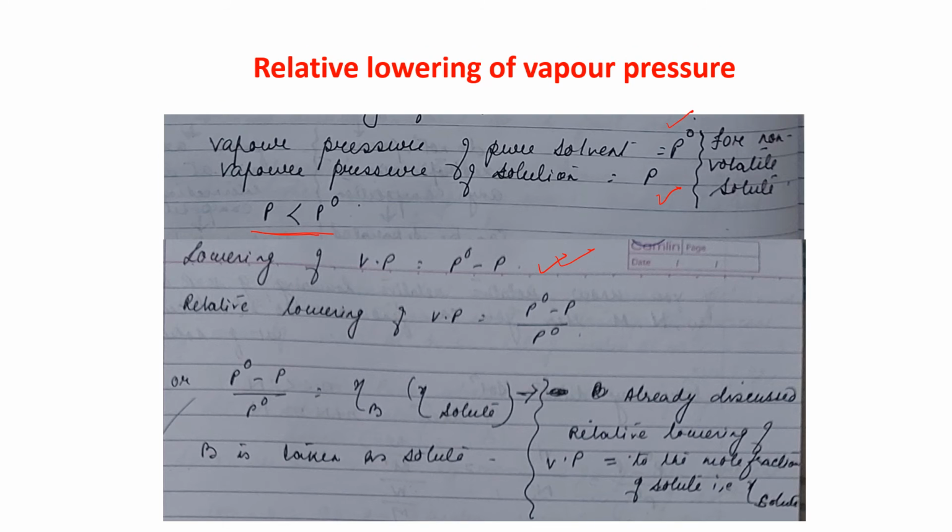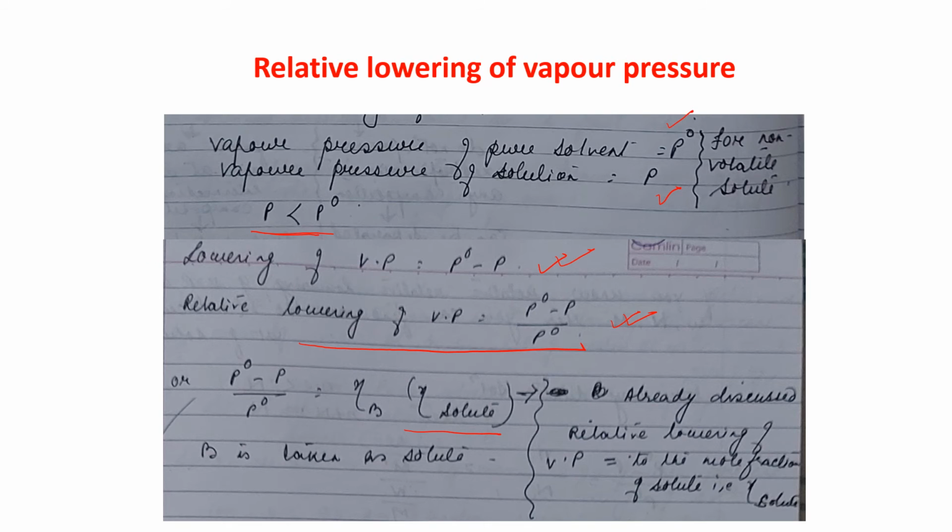It is a relative term. We have to compare with something. So, relative lowering of vapor pressure is equal to (P0 minus P) by P0. So, this you have to remember. Relative lowering of vapor pressure is equal to (P0 minus P) by P0, or (P0 minus P) by P0 equals chi B, that is chi solute.